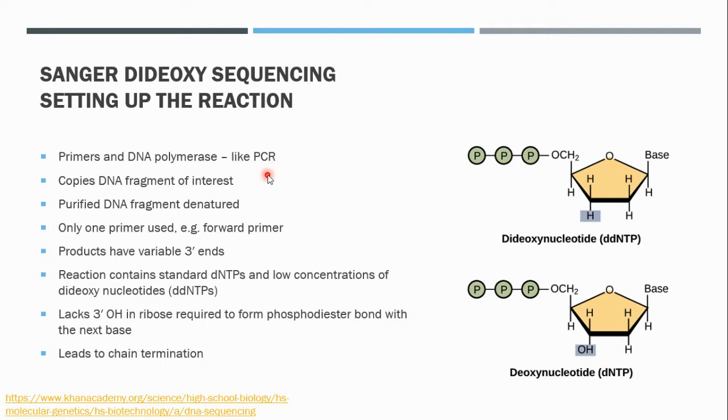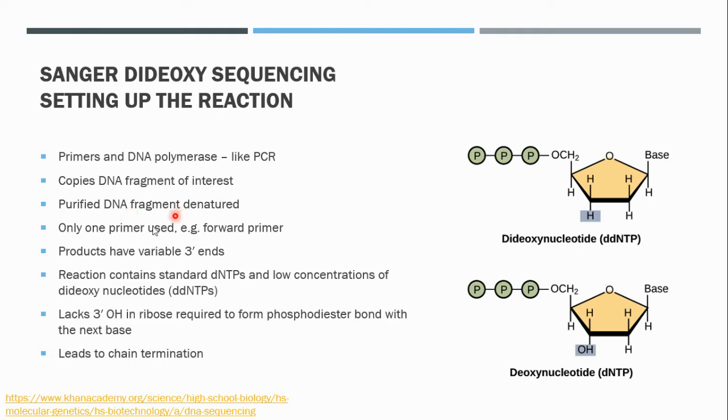So multiple copies of that target DNA fragment are made. The target DNA fragment for which we wish to determine the sequence is then purified. So it's isolated or purified, and then that fragment is denatured. So when we talk about denaturation, we talk about melting the two strands of the double-stranded DNA.